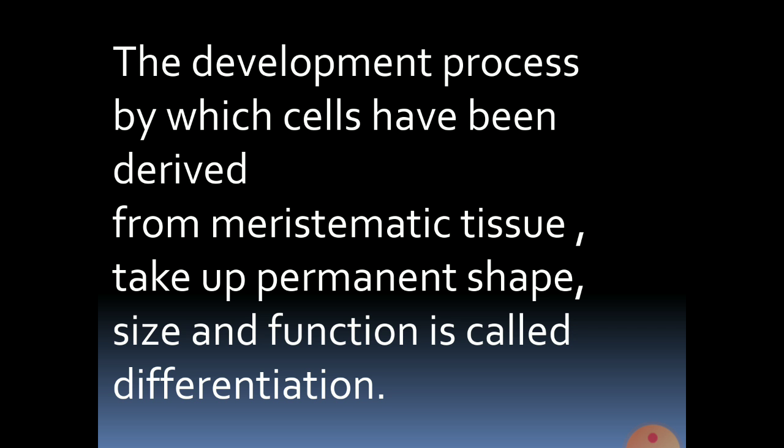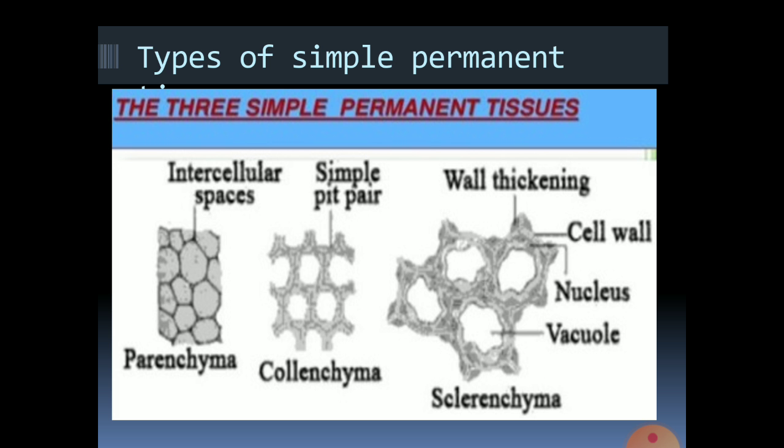In meristematic tissue, all cells are similar. They do not perform a specific function. When they lose the ability to divide, a particular task is assigned to a particular group of cells so that they perform that particular function, and this process is called cell differentiation.